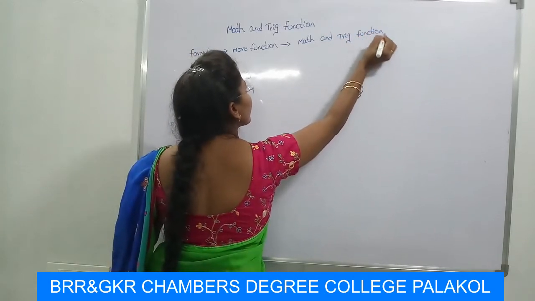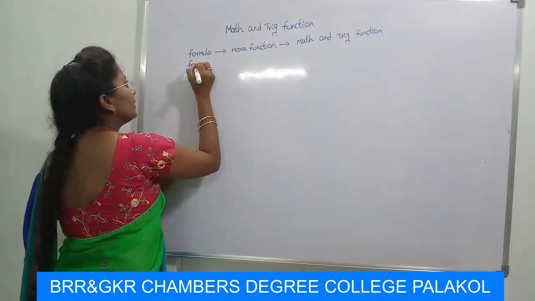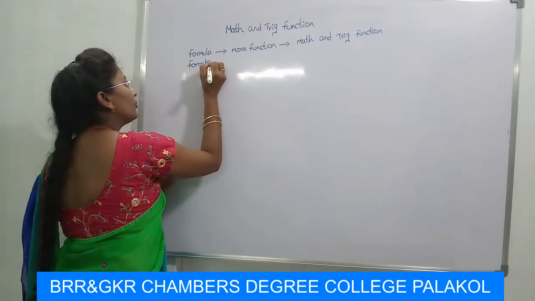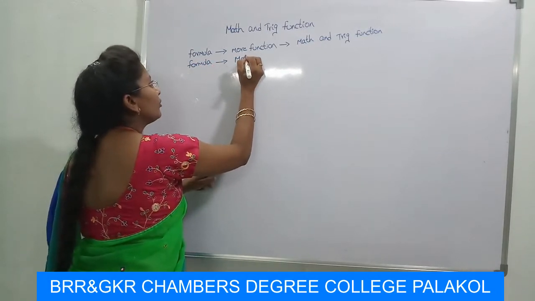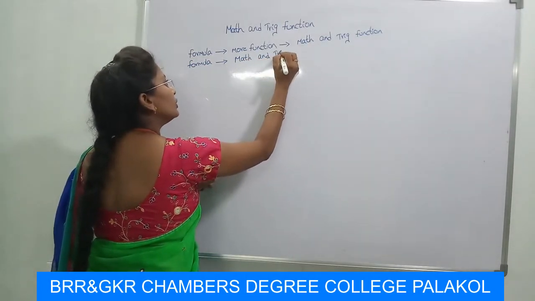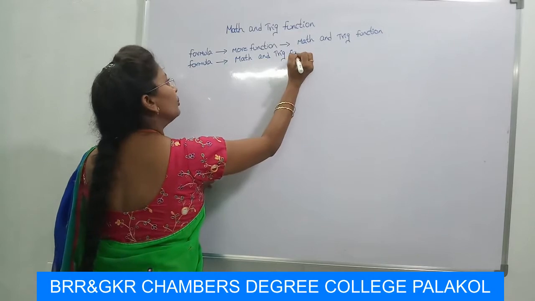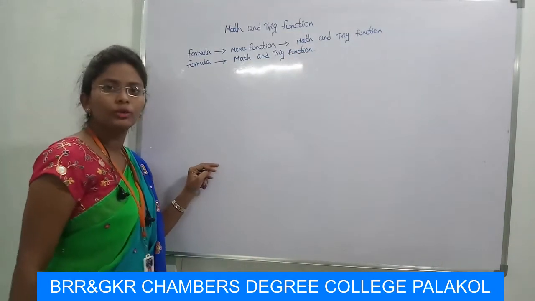And in some cases it will appear in the formula and directly it will be displayed as math and trig function. No need to go for the more functions. This is the way to open the math and trig function here.